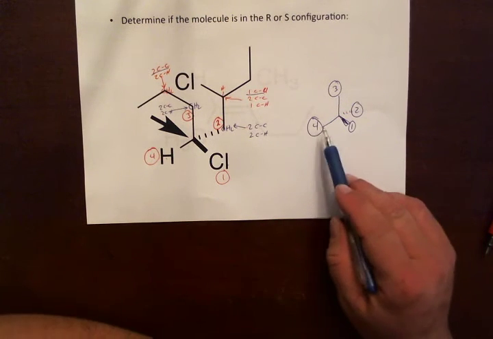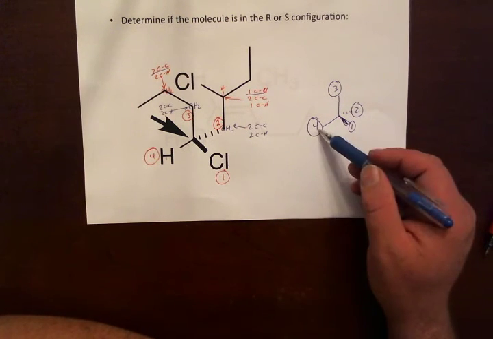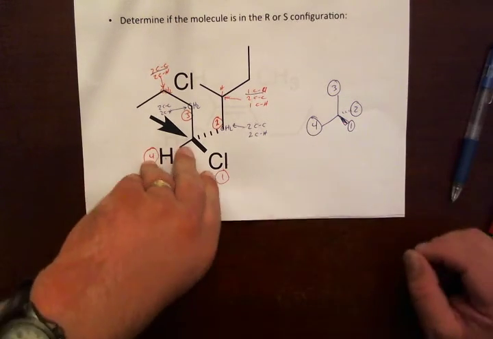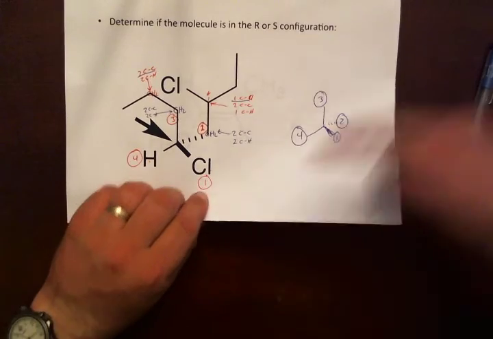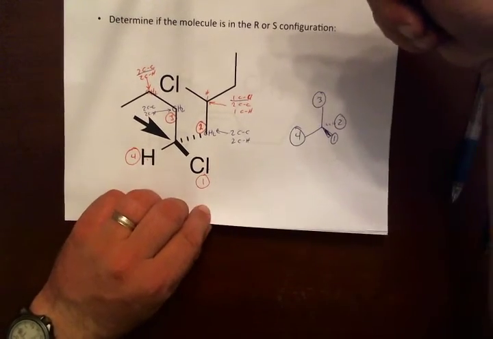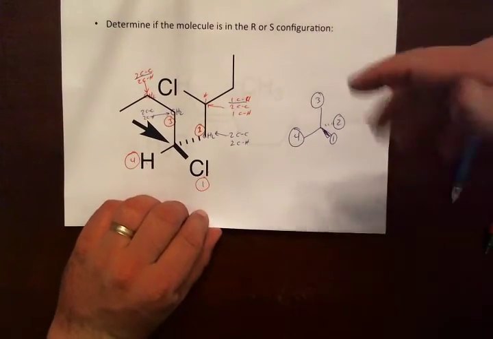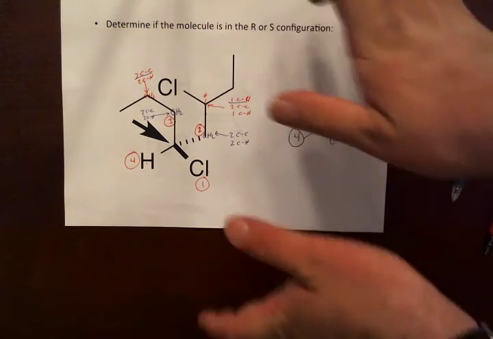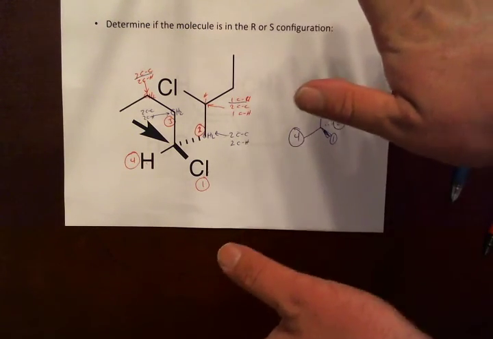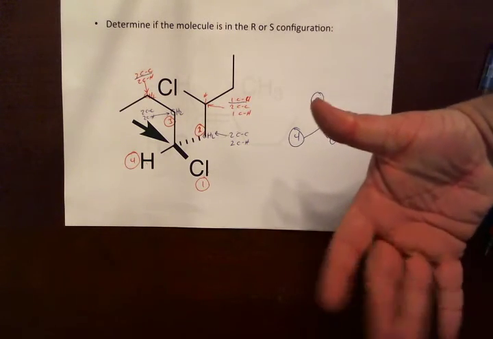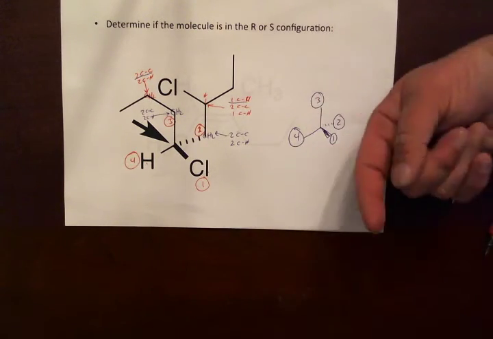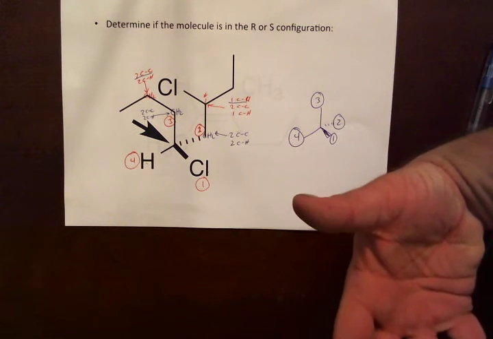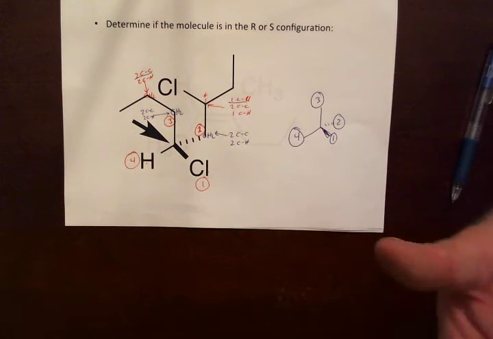So now here, the 4 is going that way, and the 1 is up here, the 2 is behind, and the 3 is over here. Your thumb is going to have to point this way, and your fingertips start at 1. If you try with your right hand, you go 1 to 2, because the 2 is behind.